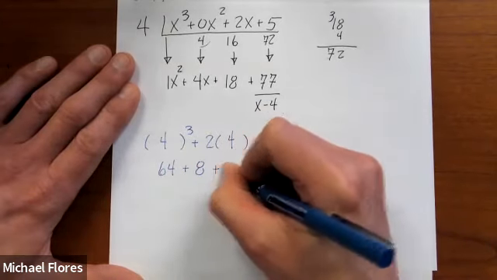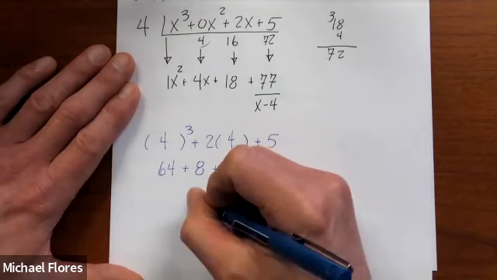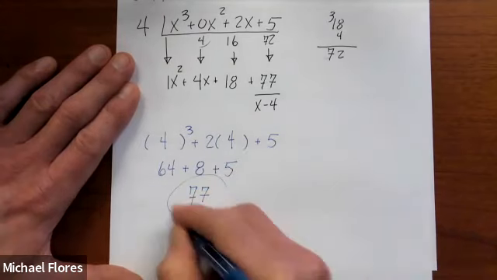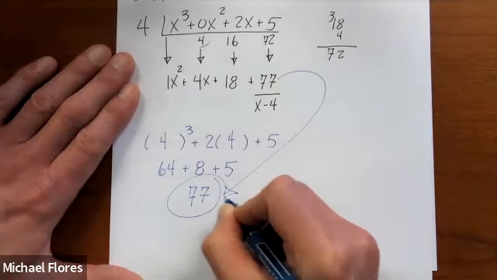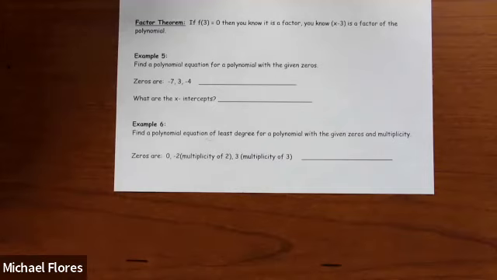Don't forget we're adding 5 to that. And if you were to add all this together, we would get 77. The exact same number as our remainder. Factor theorem. If f of 3 is equal to 0, then you know x minus 3 is a factor of the polynomial.